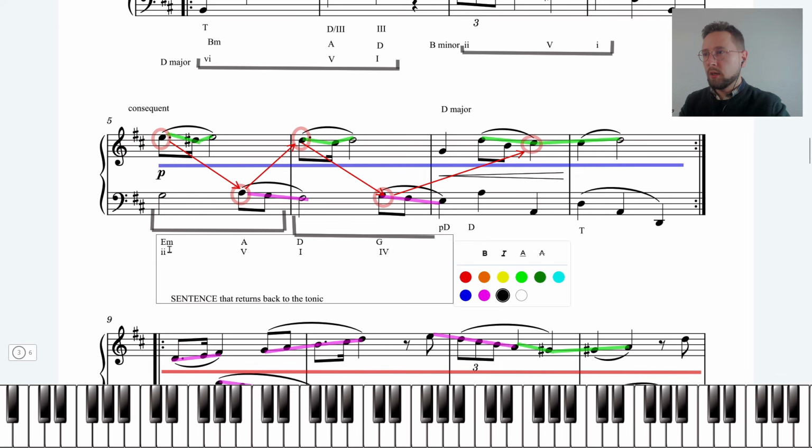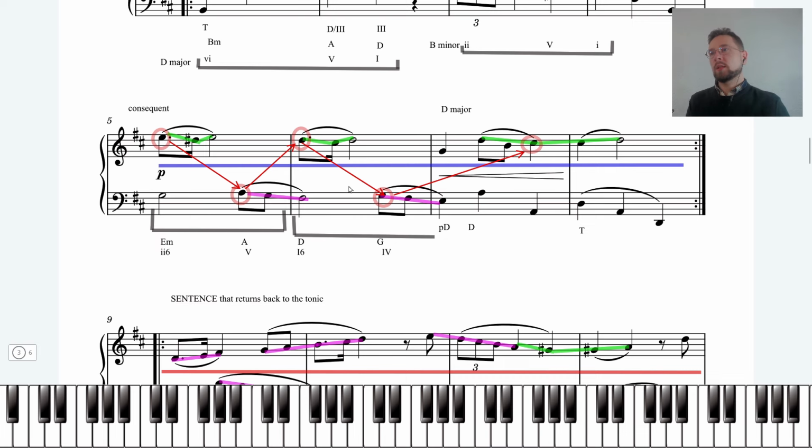Some of them are inverted, so I'll put the inversions here, that's inverted, and also the tonic here, it's inverted. But basically they're E minor, and it's much more elegant to present it like this.